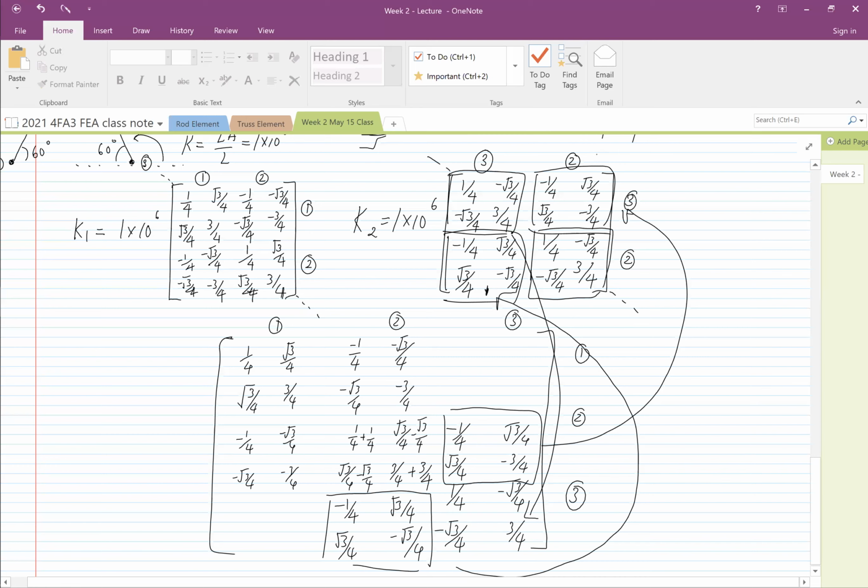Oh, I see. So if you drew a 2-3 matrix instead of a 3-2 matrix, it would look identical. Yeah, that's right. But the key to success is right here: make sure you add the matrices together and make sure this entry is the sum total of node 2.